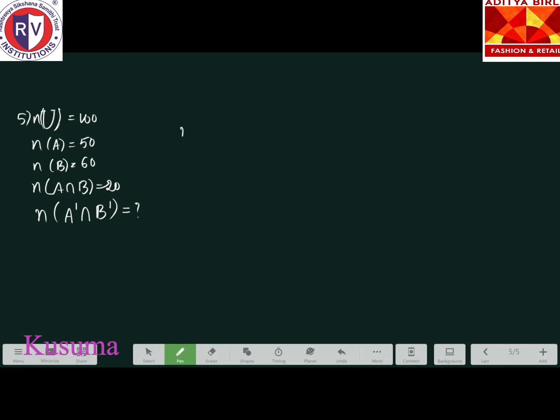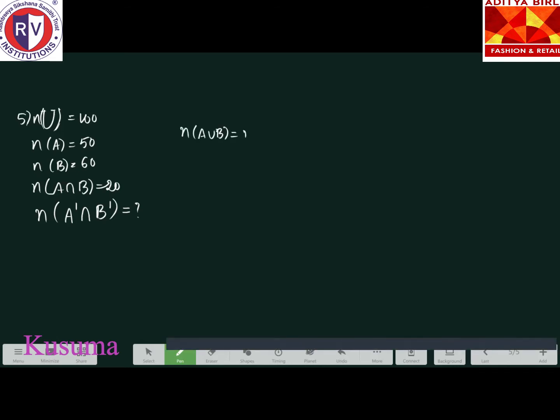N of A union B is given by N of A plus N of B minus N of A intersection B. We have all the values, so let us substitute them. N of A is 50 plus N of B is 60 minus N of A intersection B is 20.